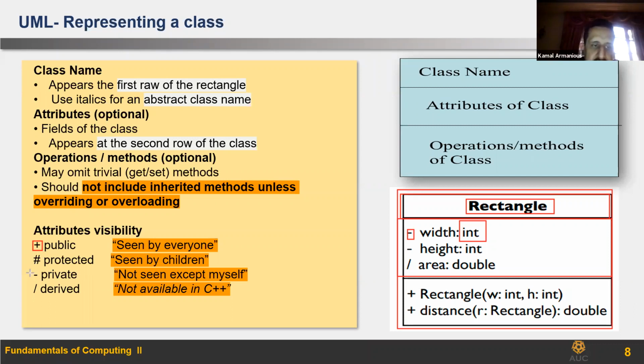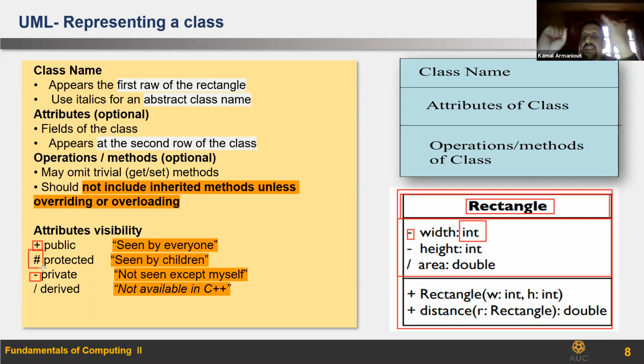We know public, and we know private as well, but we don't know protected so far. The visibility applies to both the attributes and the function.